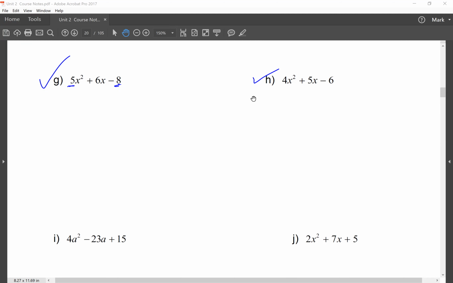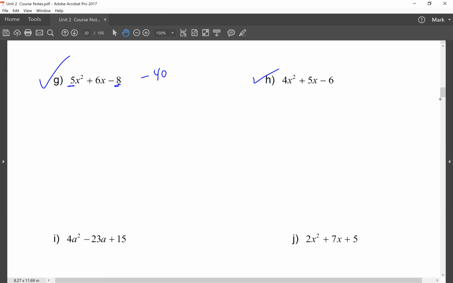But the first thing I would do is multiply 5 and 8. And actually, I should say 5 and negative 8. So 5 times negative 8 would give me negative 40. I'm going to make some notes on the side. So I need two numbers that are going to add together to give me a 6, but multiply together to give me a negative 40.